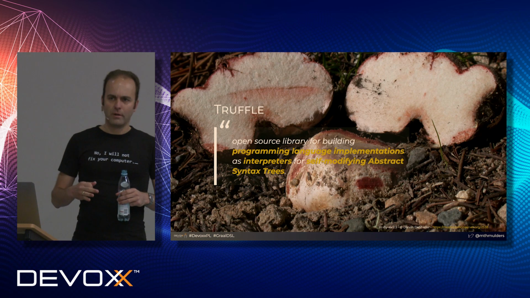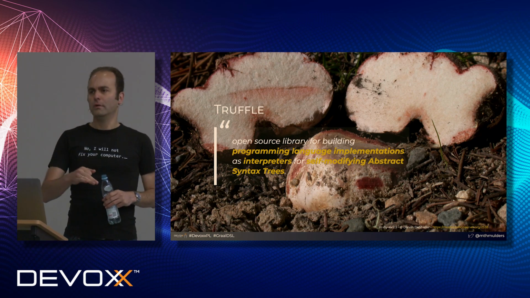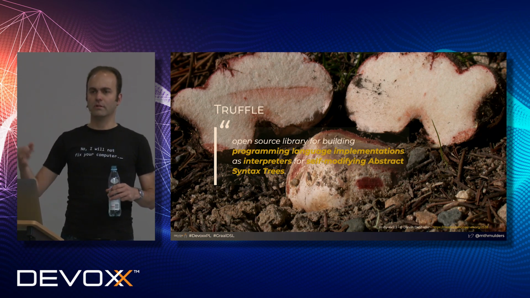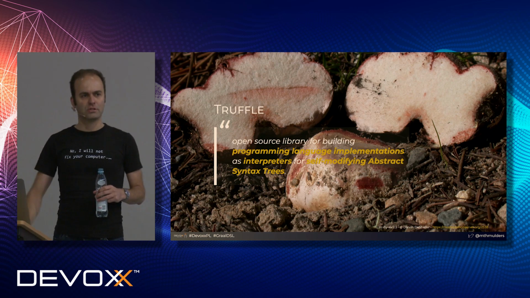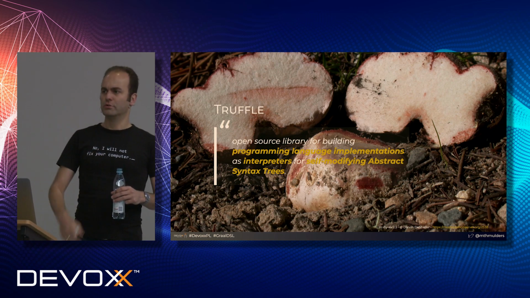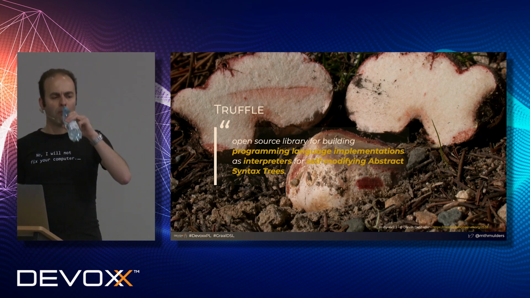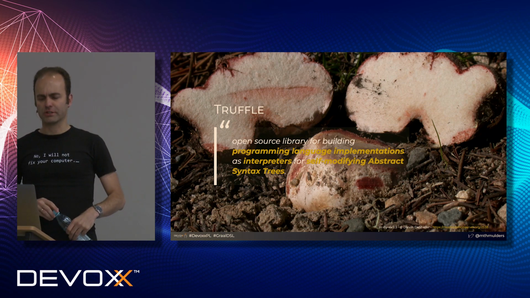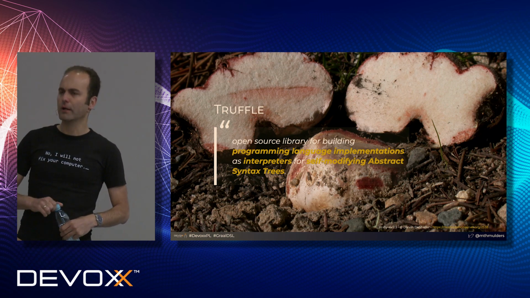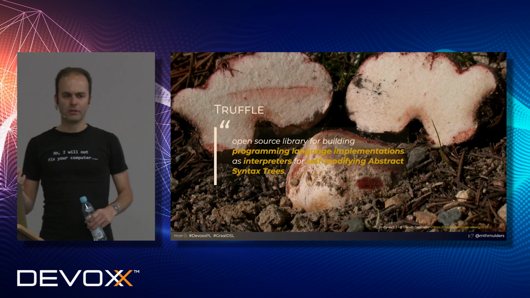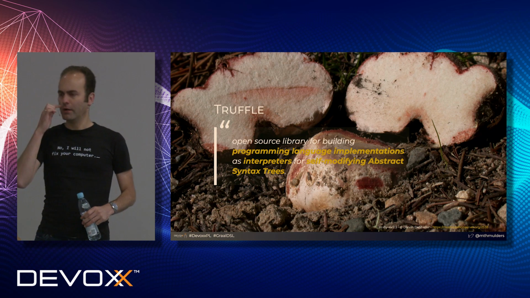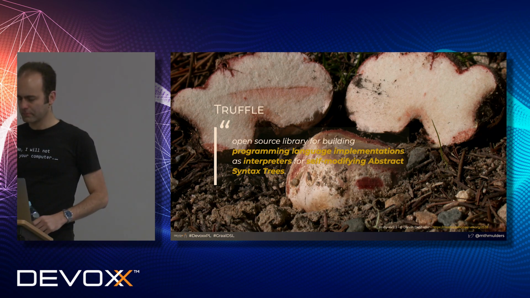And you do that by giving Truffle an AST. We'll see what an AST is, but for now, let's just say it's a bunch of POJOs, plain old Java objects. And those Java objects are annotated using the Truffle API, so Truffle knows about the semantics of each of those objects.